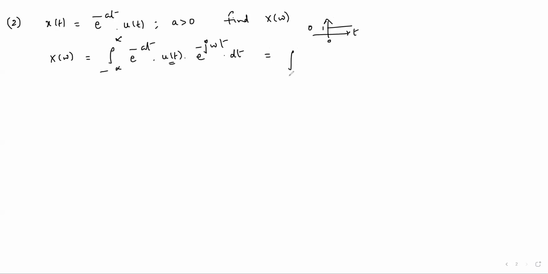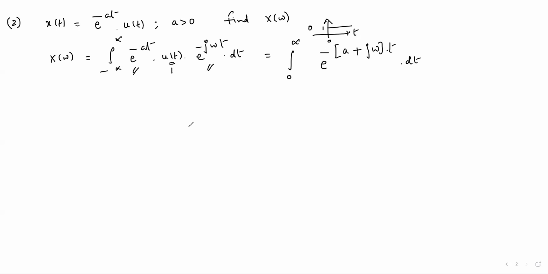We can change the limit from 0 to infinity, and during this interval u of t value is 1. So the remaining expression, the two exponentials we can combine, and write it as e to the power of minus of a plus j omega times t dt.